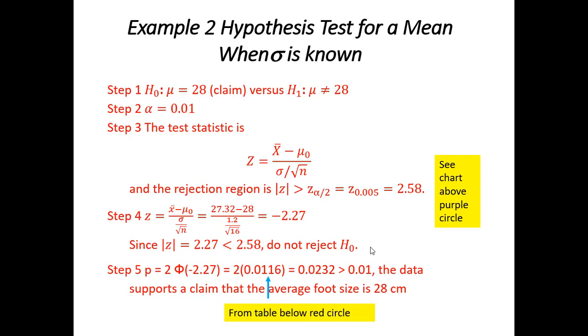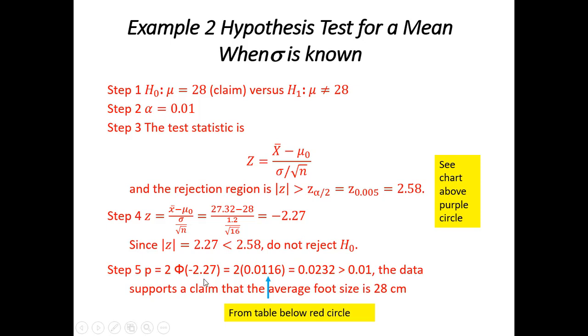Now in step 5, we want to calculate a p-value. And to calculate a p-value for a two-sided test, we find phi of minus 2.27, and we have to remember to double that.